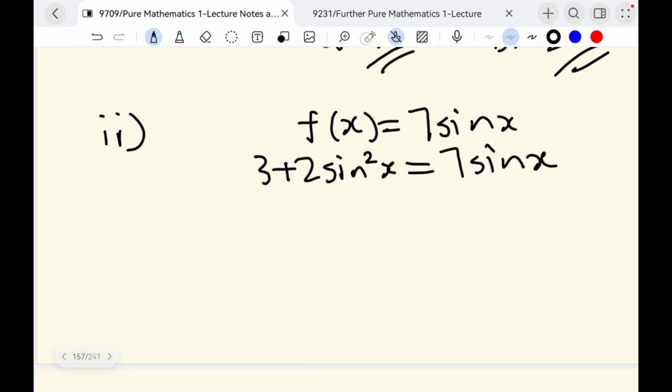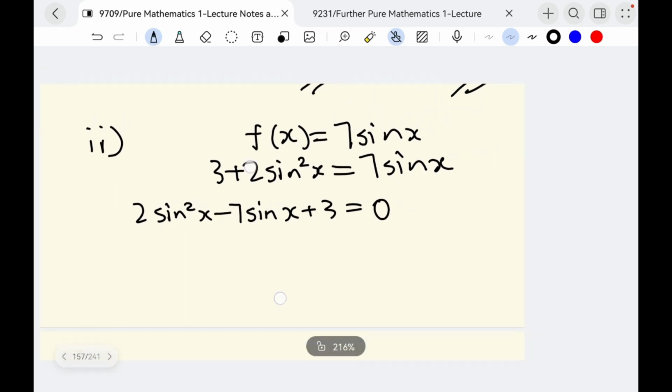So as you can see, there's a sine square x and a sine x. So it is a quadratic expression, where the solution it wants to solve is sine x first, and then you find for the x. So we have 2 sine square x, move the 7 sine x to the left hand side, so it's negative 7 sine x plus 3 equals 0.